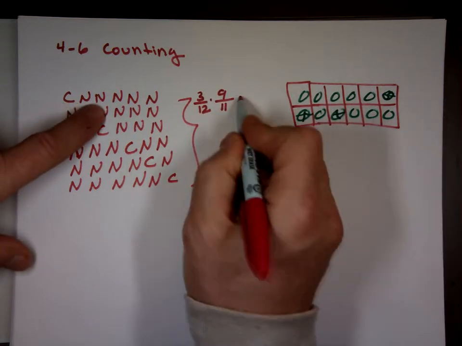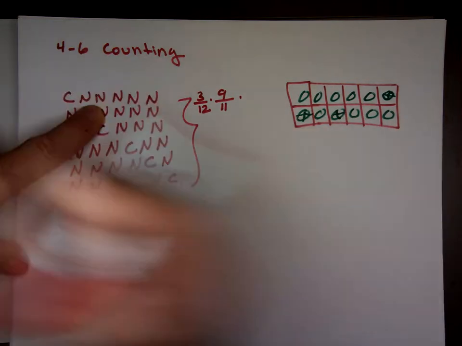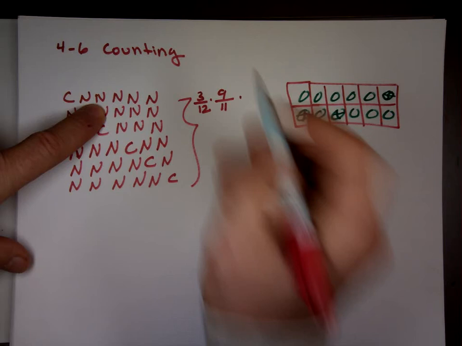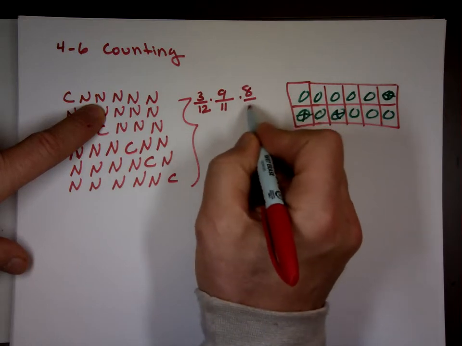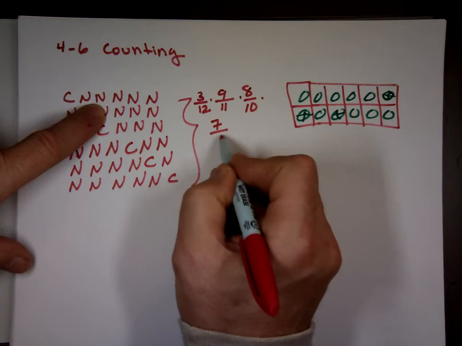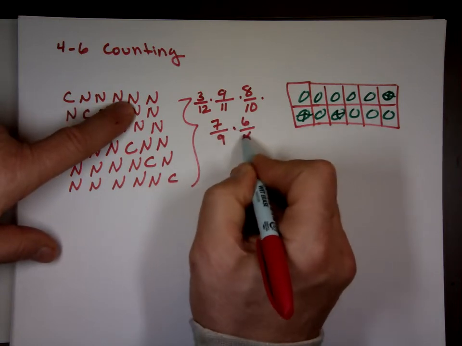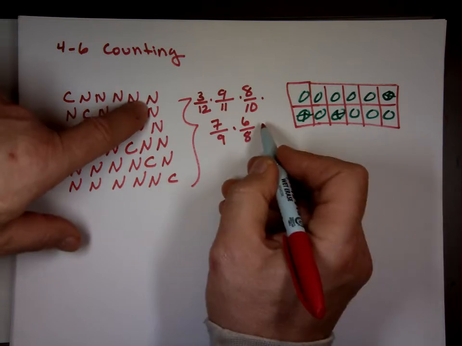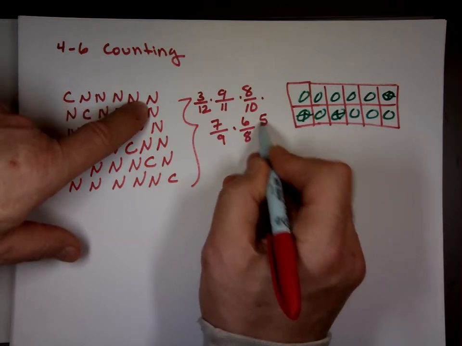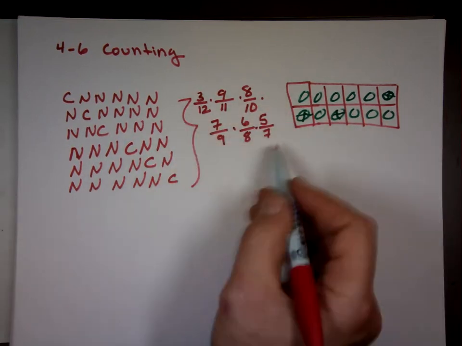For the second one will be what? We're assuming the eggs are sitting on the side here. 8 out of what? 10? For the next one is what? 7 out of 9. For the next one is what? 6 out of 8. And for the last one is going to be what? 5 out of 7. That's just for one of these cases.